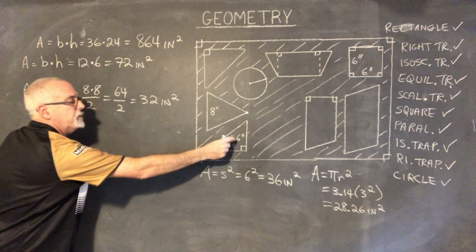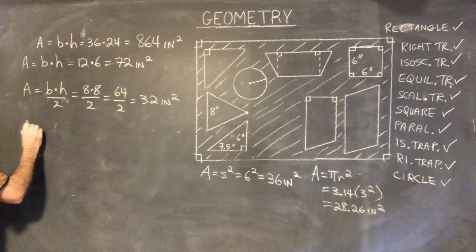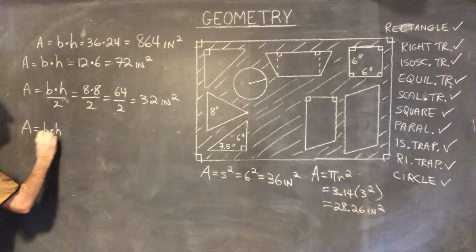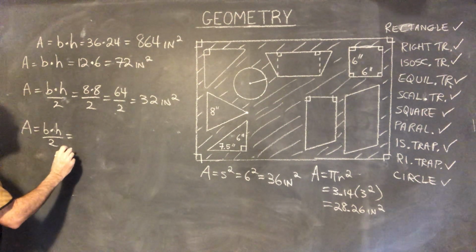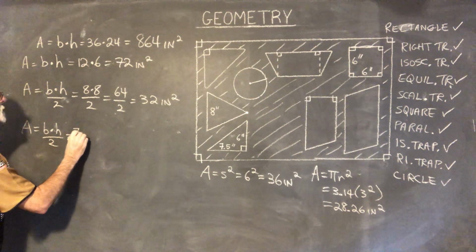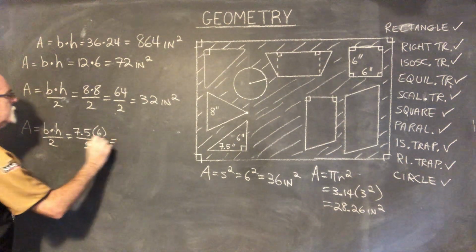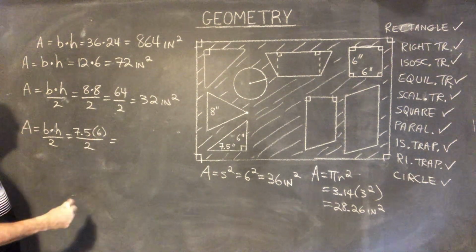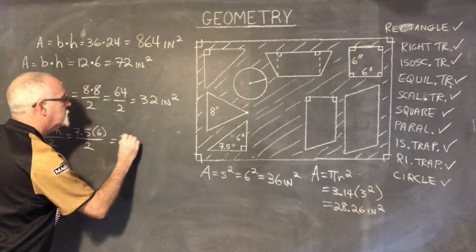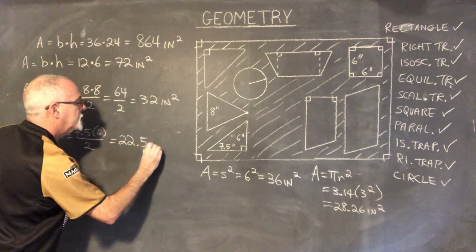Another triangle. We have the base and the height sitting here. Let's do it. Area equals base times height over 2, which is 7.5 times 6 over 2, which is going to be 7.5 times 3, that's 22.5 square inches.